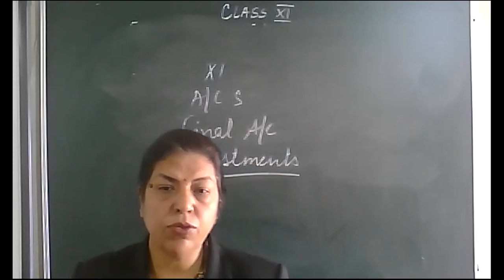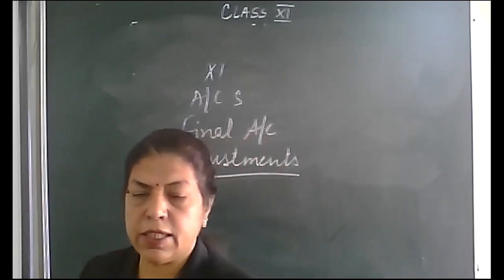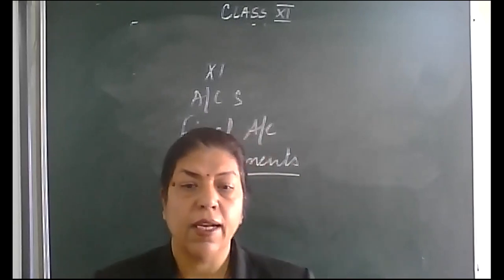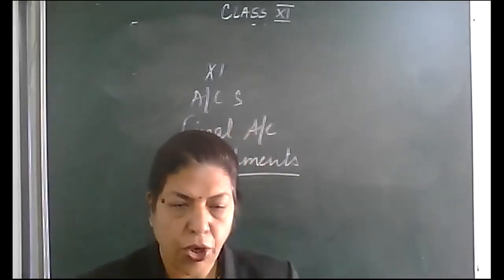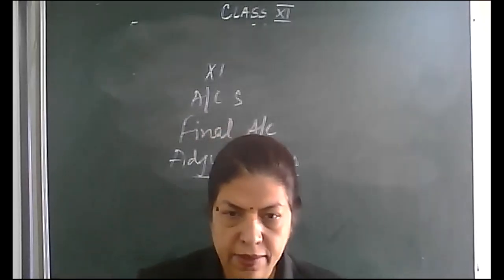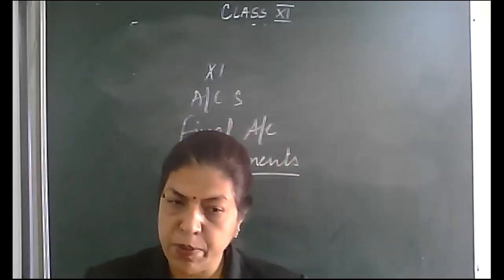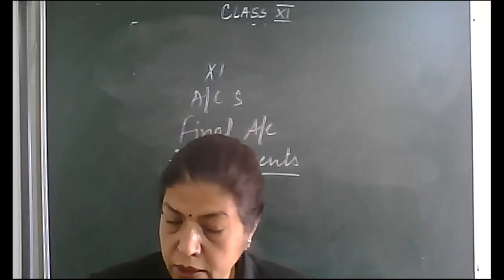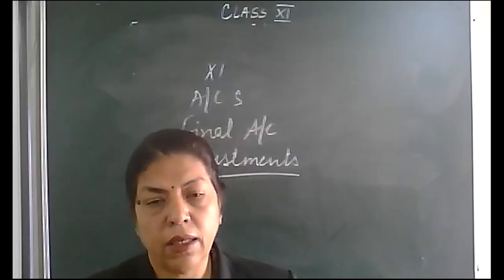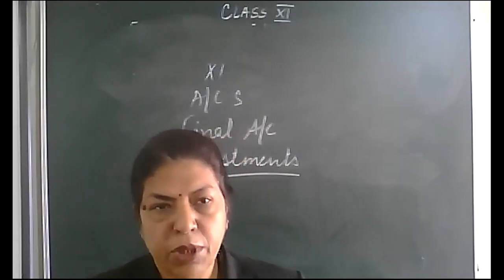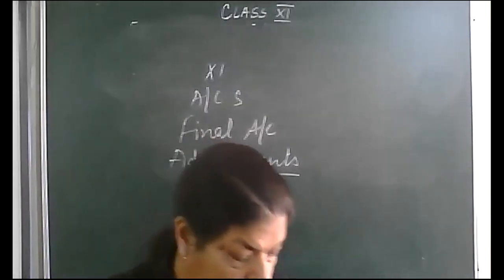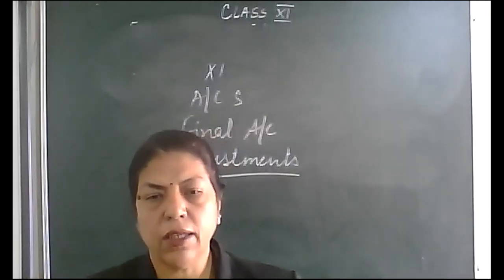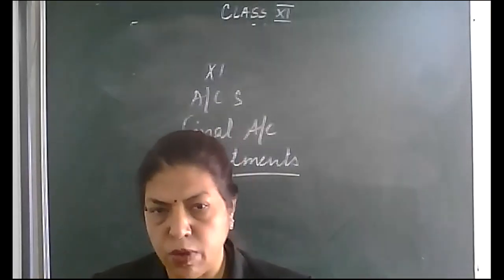Yesterday we completed various adjustments like closing stock, outstanding expenses, prepaid expenses, accrued income, unearned income, and last was depreciation. And today we are going to start a new one after these adjustments.